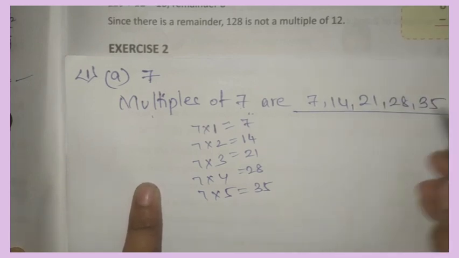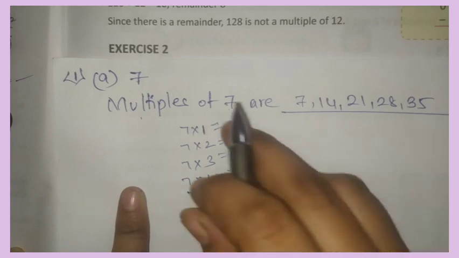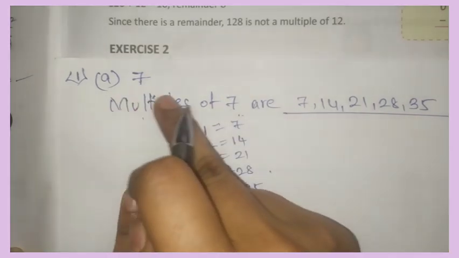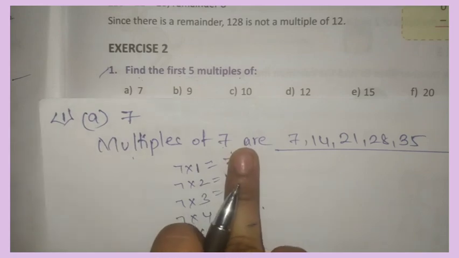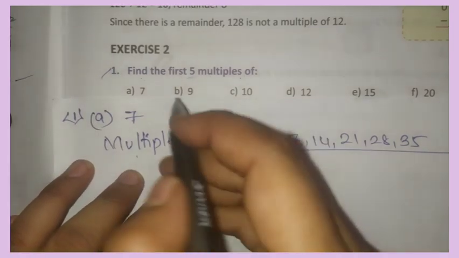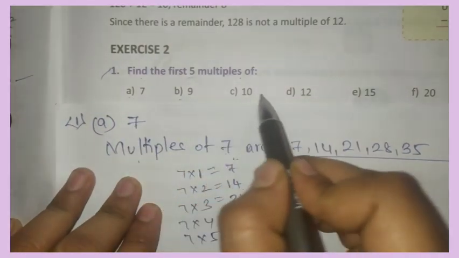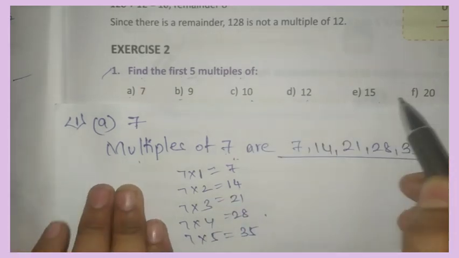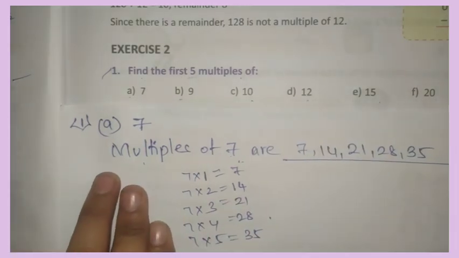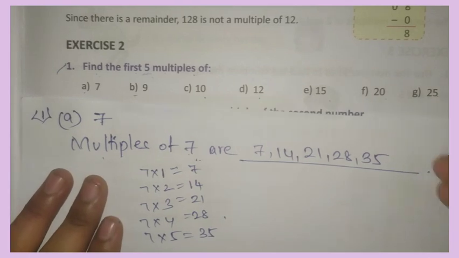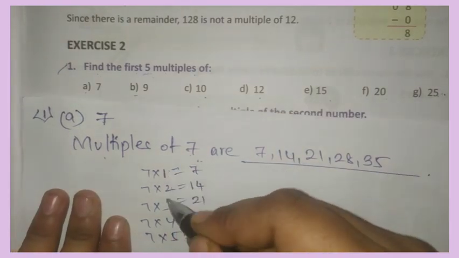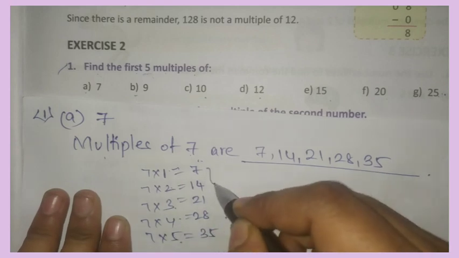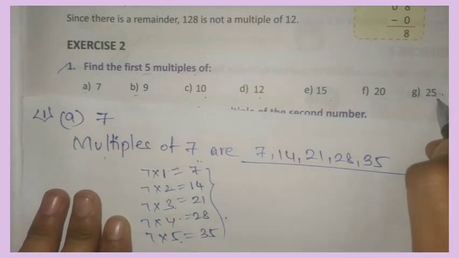You can write this outside of the line, and you have to write these after the question. Like this, find out the multiples of 9, 10, 12, 15, 20, 25. Very simple. Multiply 25 by 1, 2, 3, 4, 5, then you will get the first 5 multiples of 25.